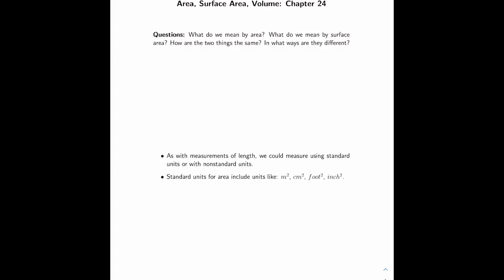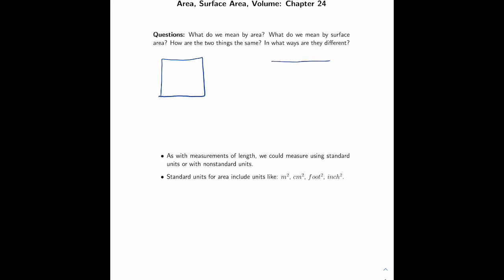So what do we mean by area? What do we mean by surface area? How are the two things the same and how are they different? Well, you'll see a little bit more when I show you some nets later. But when I talk about area, I'm talking about any kind of flat space, right?